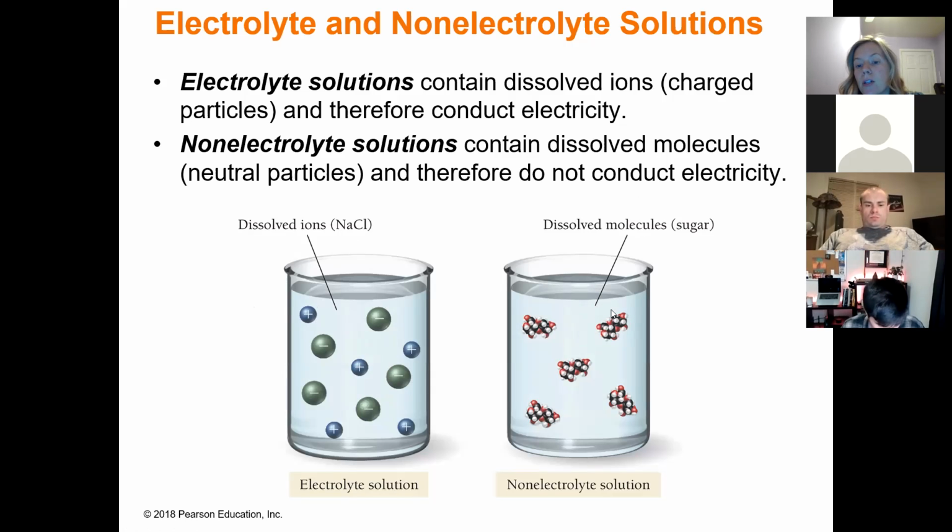On the other hand, my table sugar breaks apart just into the individual molecular packets, but the packets stay as a whole. These atoms don't separate from their partners to produce any sort of charged ion. So we can't pass a current through here. So this would be classified as a non-electrolyte solution. So when you drink Gatorade, it's the dissolved salts in it that are giving you the electrolyte properties, not the sugar. The sugar is there just to make it digestible.